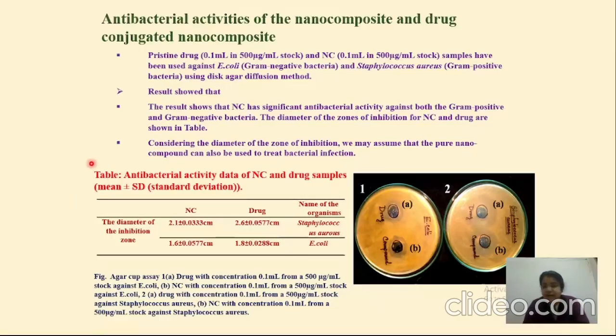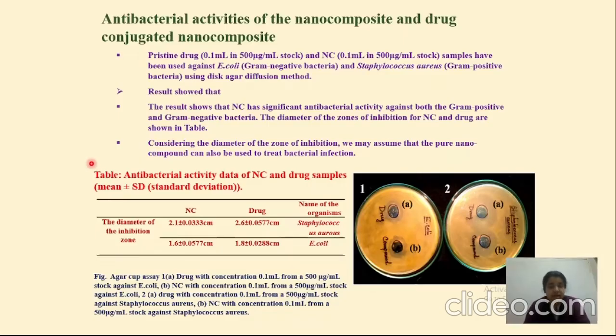Now I have already discussed the synthesis process of the nanocomposite, that means the NC sample, and the drug conjugated nanocomposite sample, right? That means the NCDC sample. Okay. And I have already discussed the various types of structural and microstructural characterizations of these samples.